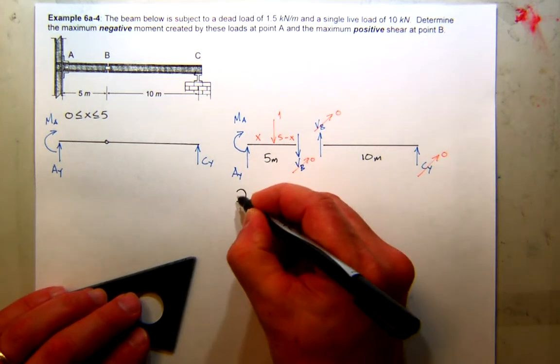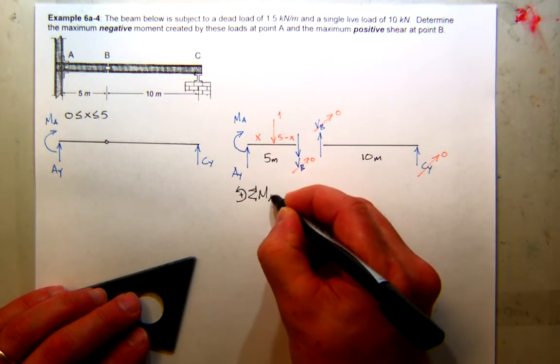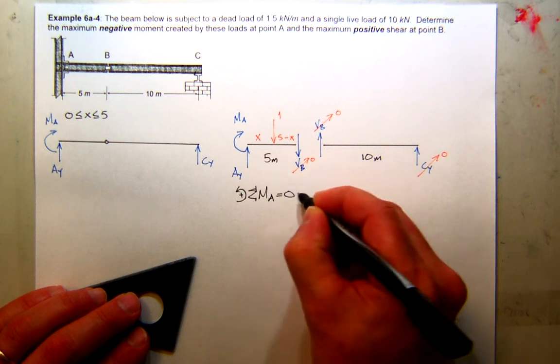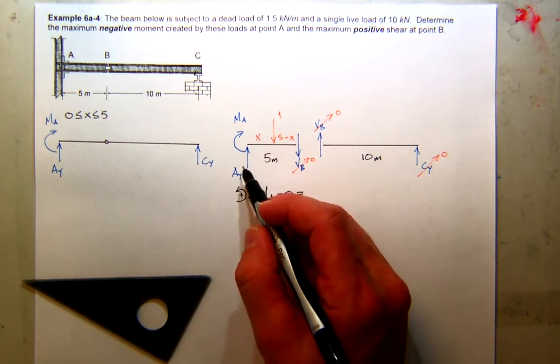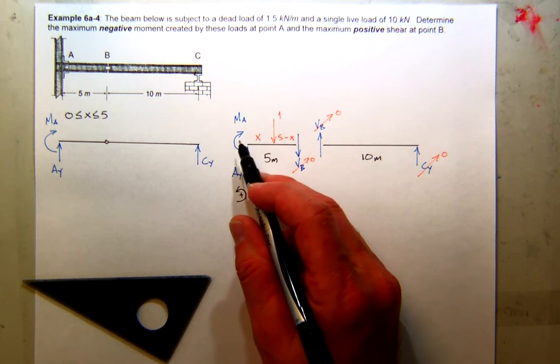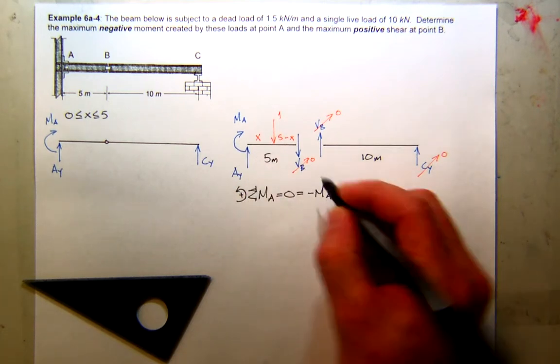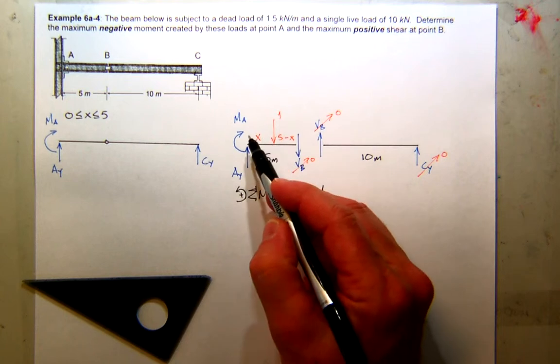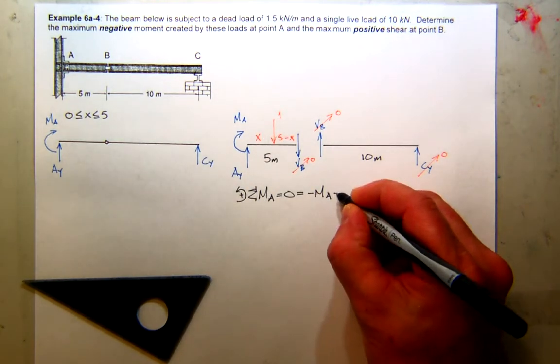So I'll sum moments where? About A, to make sure it's in equilibrium. When I sum moments about A, what do I have? I don't care about AY because it passes through A. I have my moment, which in this case is negative. And I have the unit load at a distance of x, which also creates negative moment.